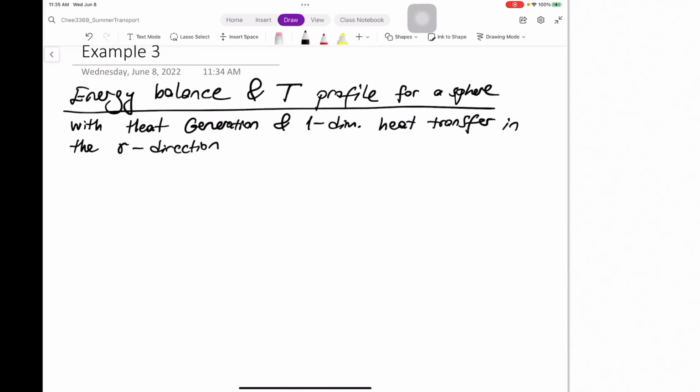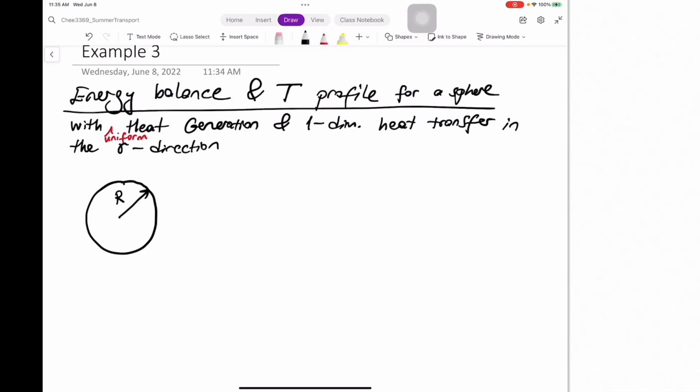Okay, so let me show you the geometry. Basically, I have this sphere, which has a radius R, and there's uniform heat generation, so that the fancy R dot is constant.